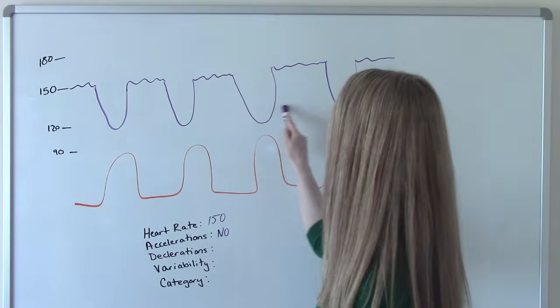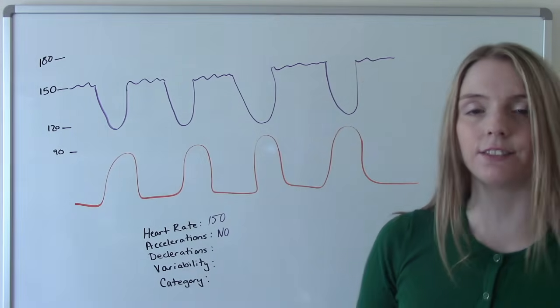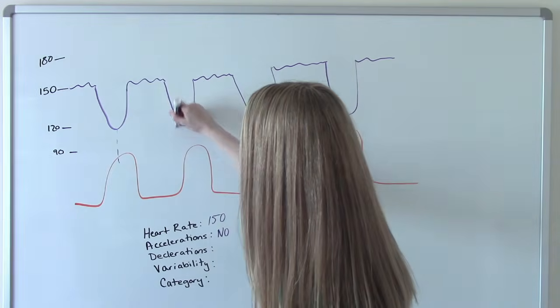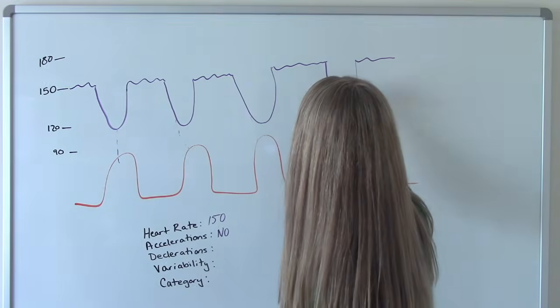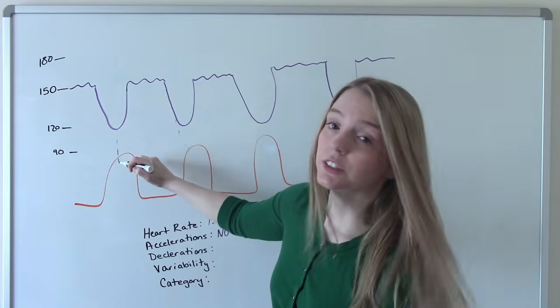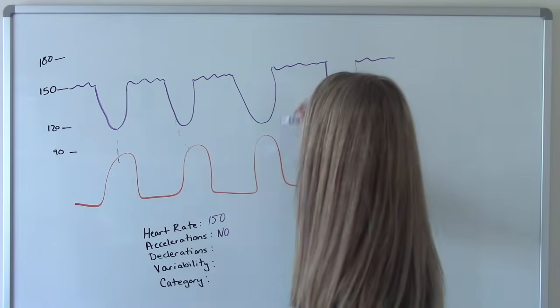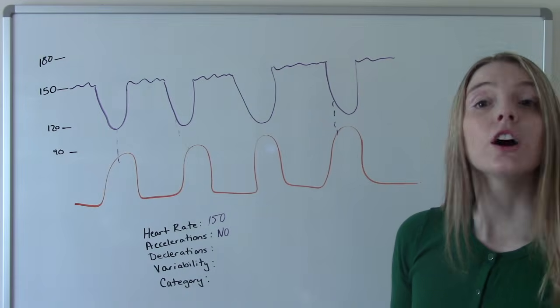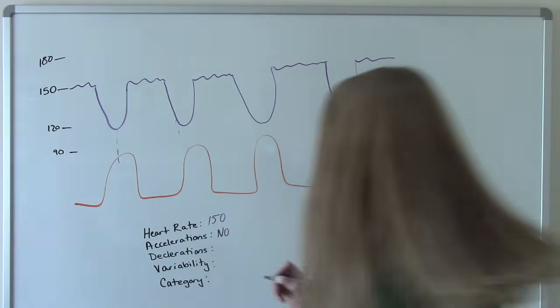Yes, there are. And now what kind of decelerations are these? Let's see, where do they line up? So they start when the contraction starts and they end when the contraction ends. They are mirror images of each other, so these are early decelerations.